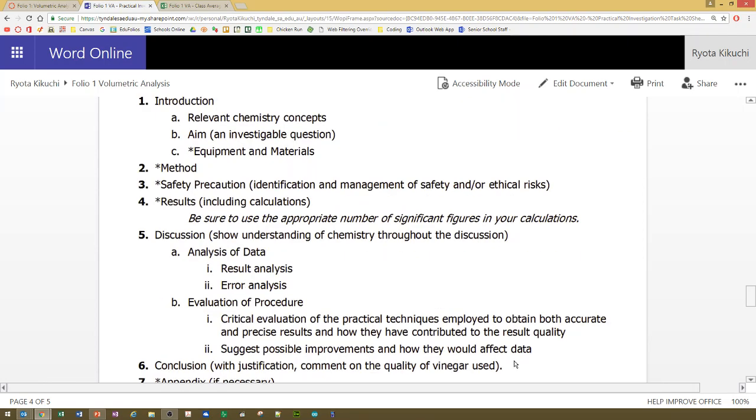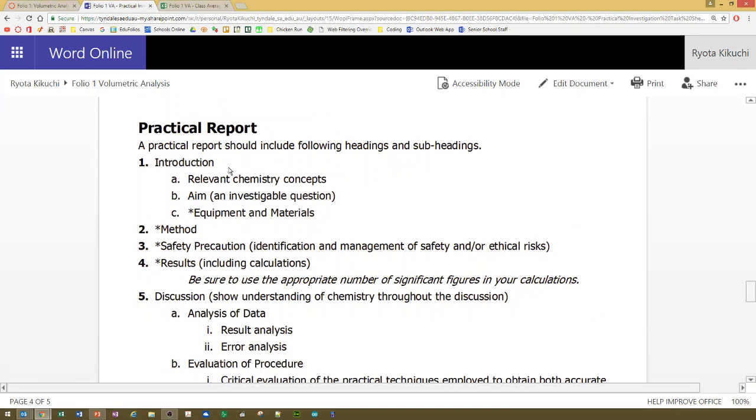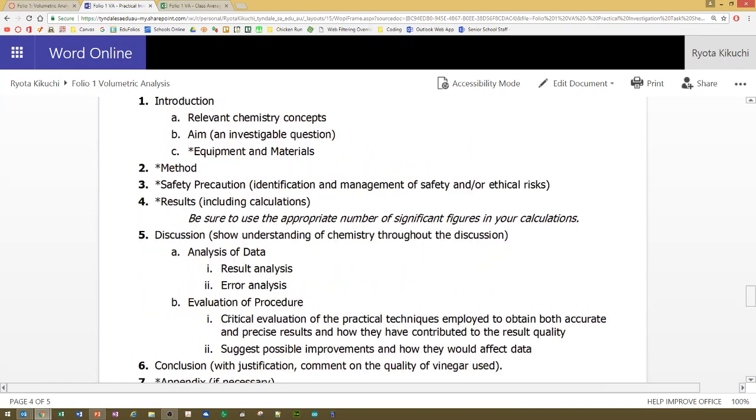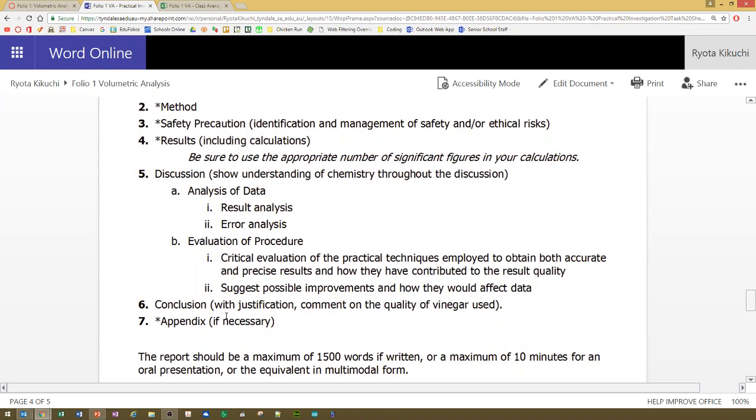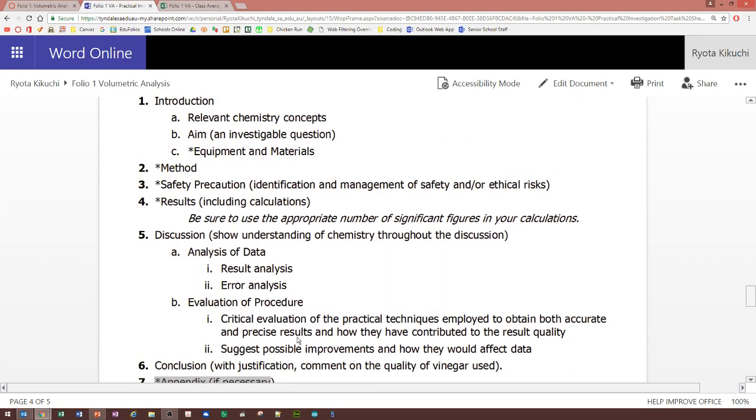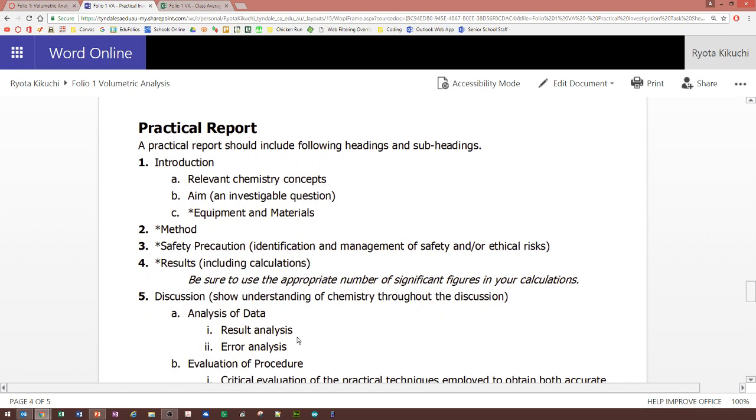So you need to count what's in the introduction, what's in the discussion, and what's in the conclusion, okay? Now, if you think you can make use of appendix, please do so, but use it effectively. If you just say, refer to appendix 1, diagram 1, that might not be a good communication, okay?